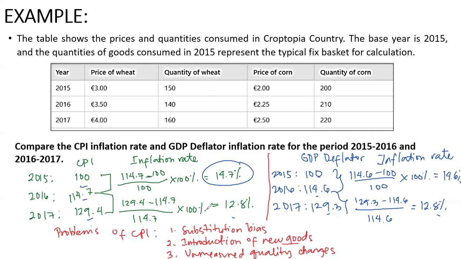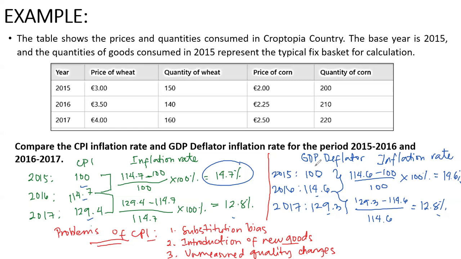And of course, in order to address these problems, the Bureau of Labor Statistics or even other statistics authorities made adjustments to the CPI and to the computation of the inflation rate. But despite the problems of CPI, it is still important because it measures the cost of living considering the consumer's typical basket.